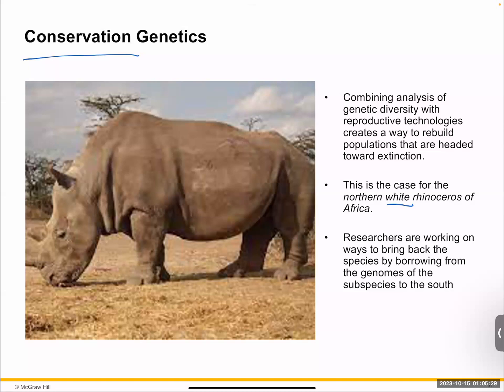There were very few of them left, and researchers were able to combine genetic and reproductive technology to rebuild this population, which I think is absolutely amazing. You're bringing back a species that was very close to extinction, and you're helping develop them and grow that population.